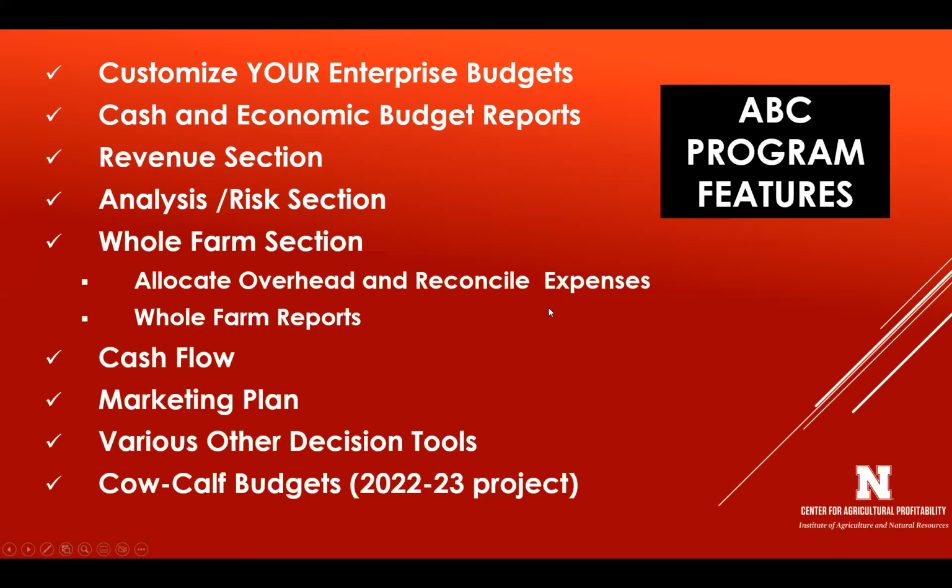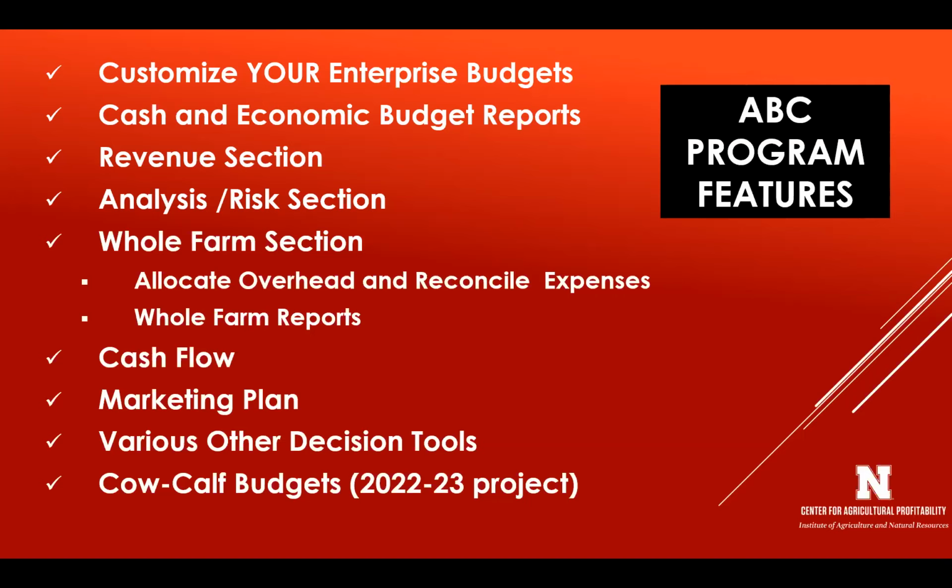So one of the nice things with this new ABC program is that you could actually do enterprise budgets for multiple, let's say, farms and fields. You may have, let's say, 5 or 6 different fields of corn. You could actually do enterprise budgets for each of those fields, which might be on different farms. You might cash rent some, you might own some, those kinds of things.